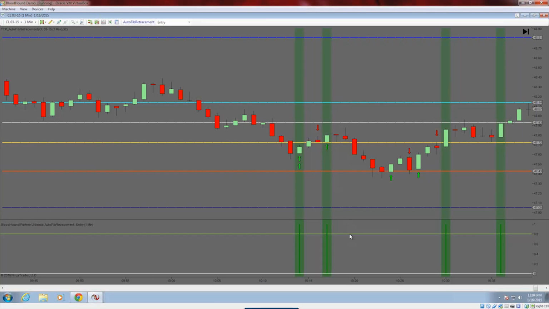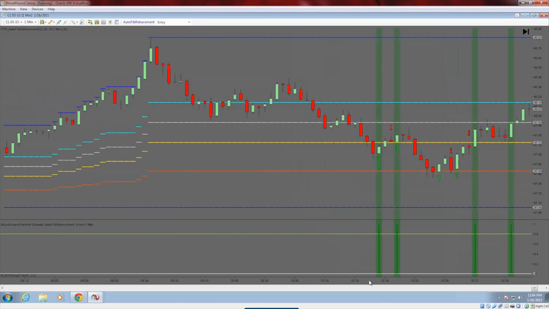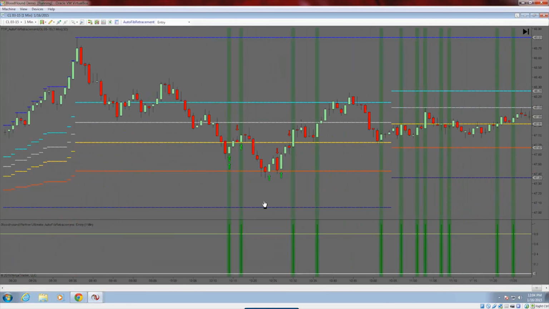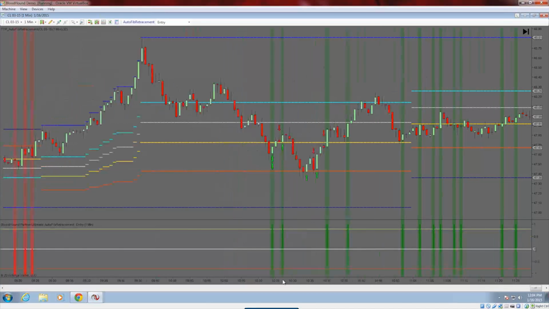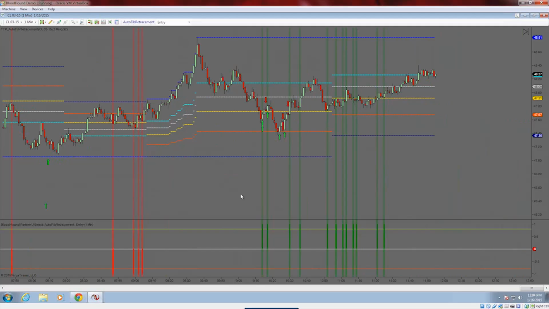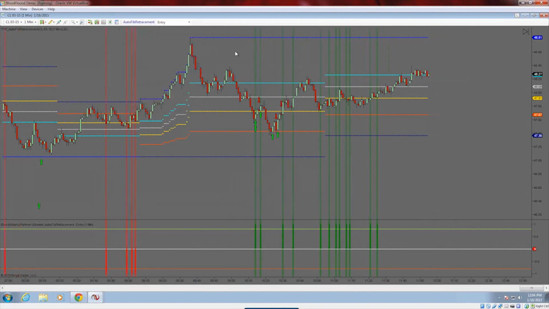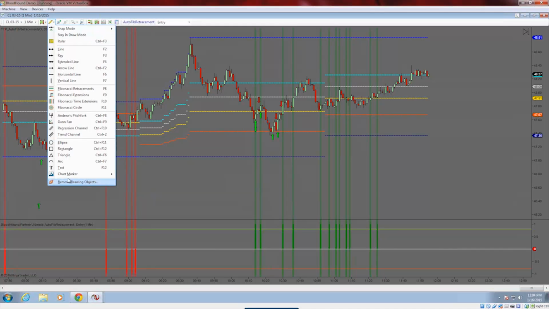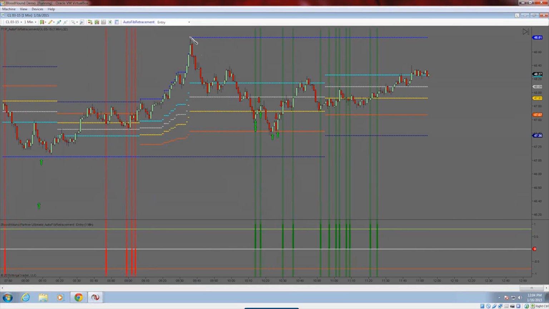Let's say we want to only allow one signal per swing. So when you look at this, let me zoom this together. Let's look at it this way. We have, it's not letting me use my hotkeys. We have one swing right here, where all the fibs are always the same level.